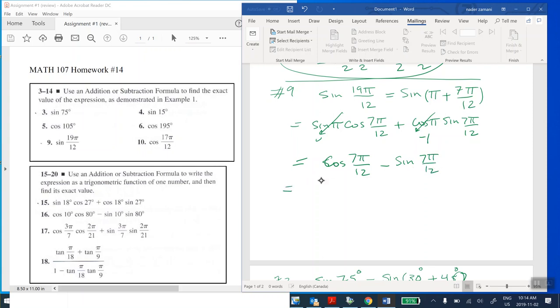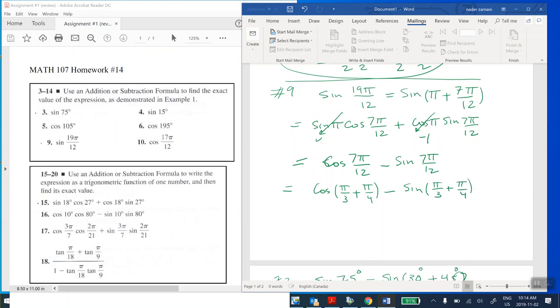Now, I did some detective work to find out what this was. Remember, this was 105 degrees, so it was pi over 3 plus pi over 4, right? If you add these up, you get exactly what's on top, minus sine of pi over 3 plus pi over 4.